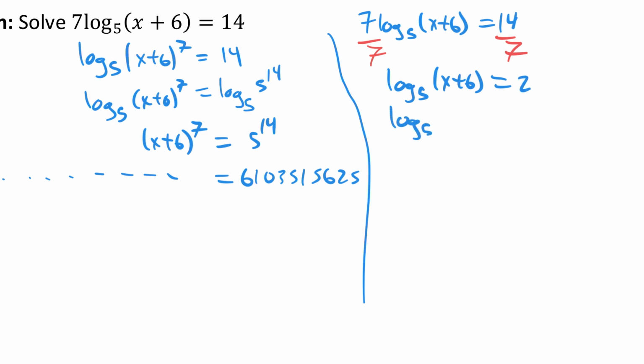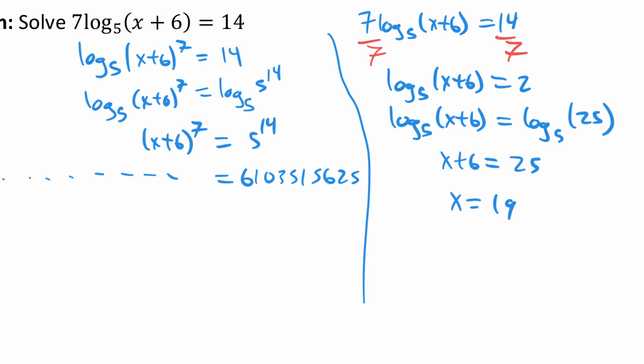And we could rewrite the 2 as a logarithm so that we'll have a log on both sides. Log base 5 of 25 is 2. Okay, x plus 6 just equals 25. x equals 19. And if we check it back in the equation, 19 plus 6, yeah, that's got no problems. This checks out. And we're done.